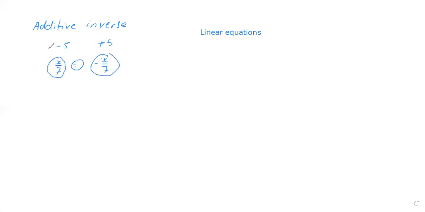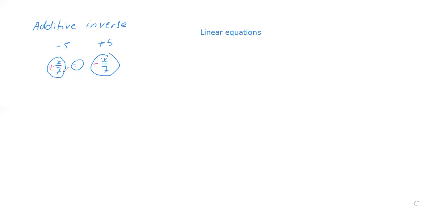I hope you appreciate that the sign here is positive and the sign here is negative. These numbers are numerically the same, but they just differ in terms of signs. So these are called the additive inverses.